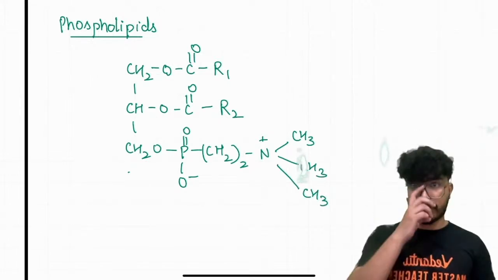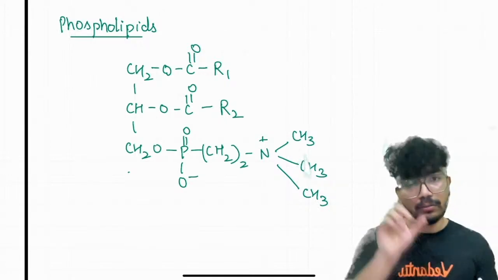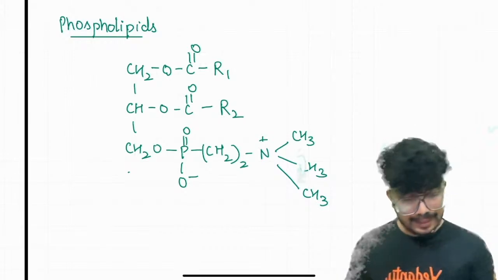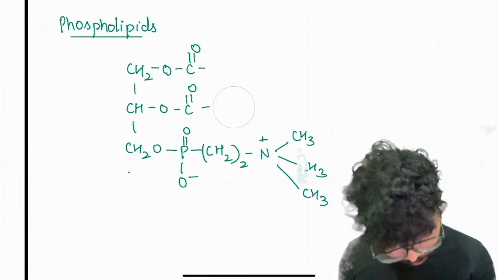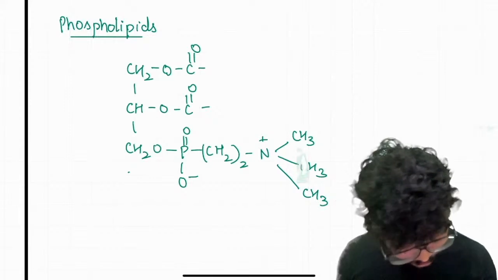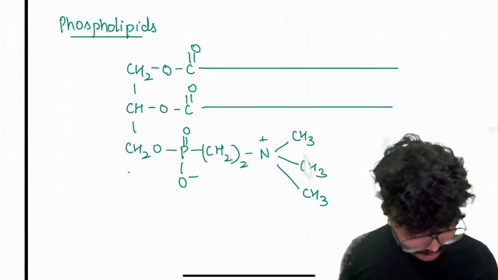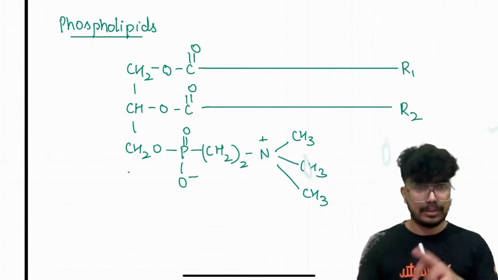So this is the structure of the phospholipid. Let's say lecithin. Choline will give you lecithin. Okay, so now let me just highlight a part of this. What I can do is remove this R1, R2 and put it here. I've just extrapolated the bond R1, R2. Correct? So the bond only.